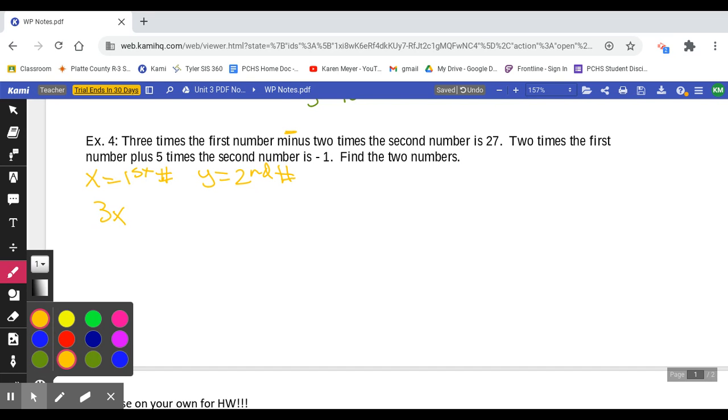Minus means subtraction. 2 times the second number would be 2 times y. Don't forget, it stands for equals 27. The next sentence, 2 times the first number, so that's 2x, plus 5 times the second, so 5y, is stands for equals -1.